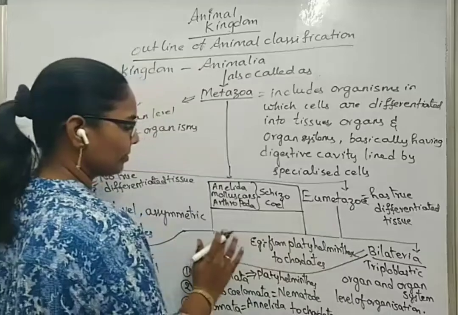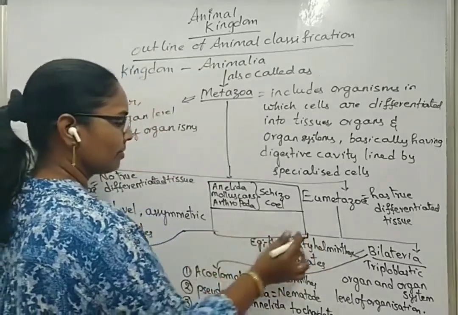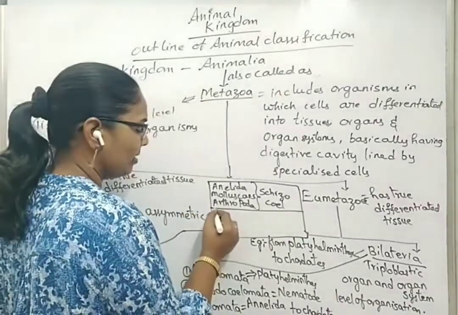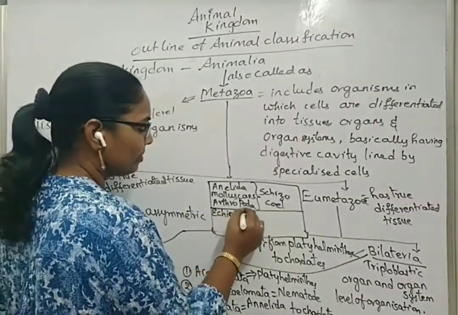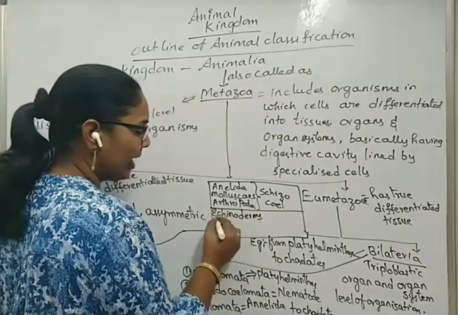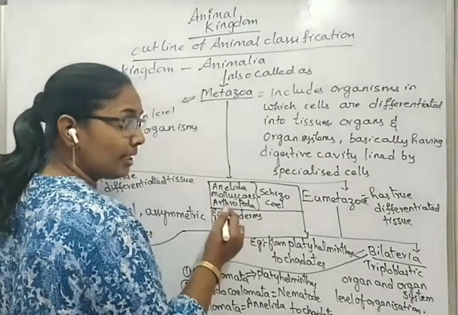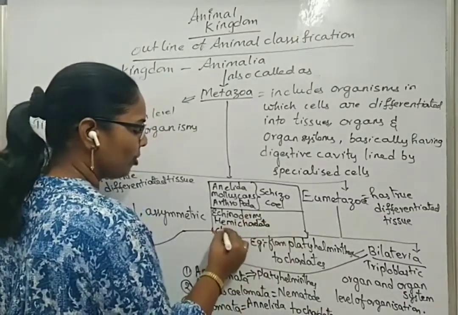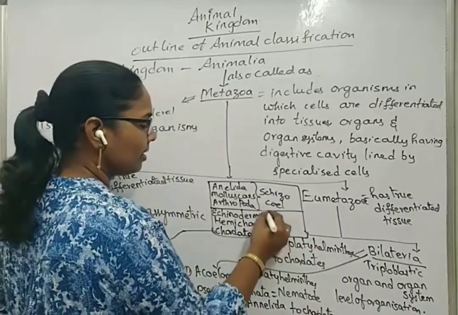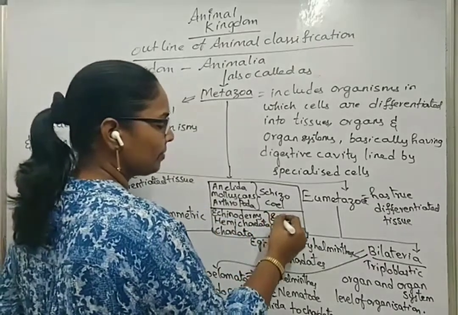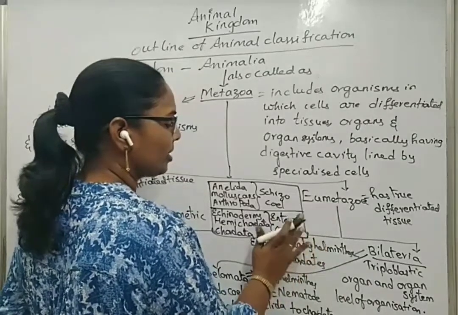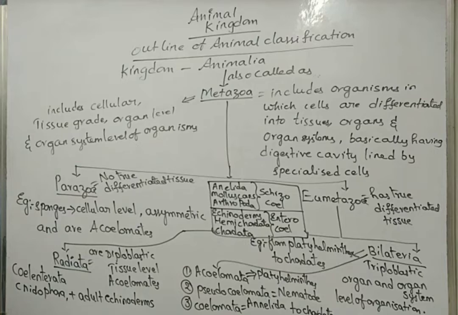Next, echinoderms, hemichordata, in which Balanoglossus is studied. Next, chordata. In these, enterocoelom is present. That is enough. So this is considered the outline of the animal kingdom.